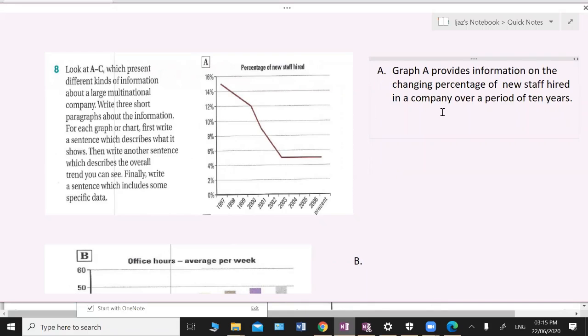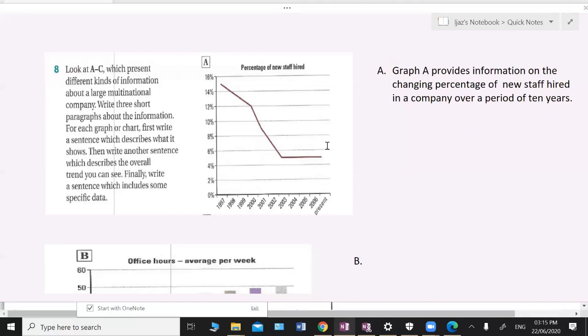Second sentence, I must tell an overall picture of this graph. What does this graph say as a whole? I mean, what does it explain? What kind of trends does it show? So, for example, a company needed 16% of staff in 1997, and now only 3.